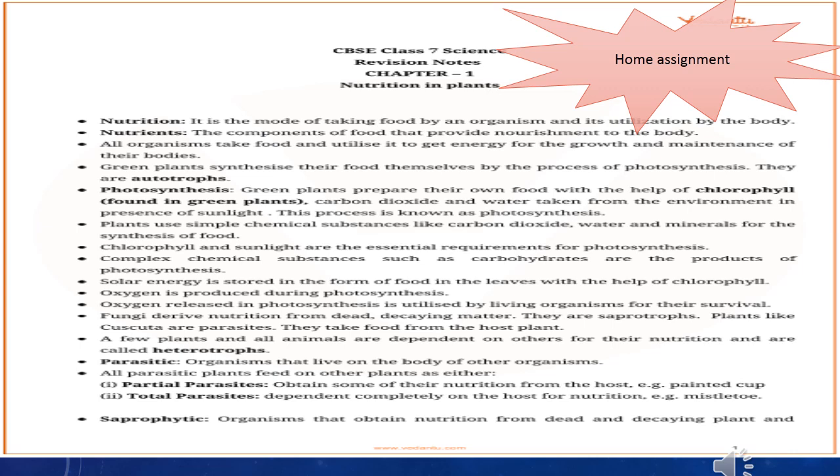So your home assignment is to read the notes I have given, the definitions I have given for the main content. You are going to write all the definitions one time in your rough notebook, and before writing, try to read and understand the definition.